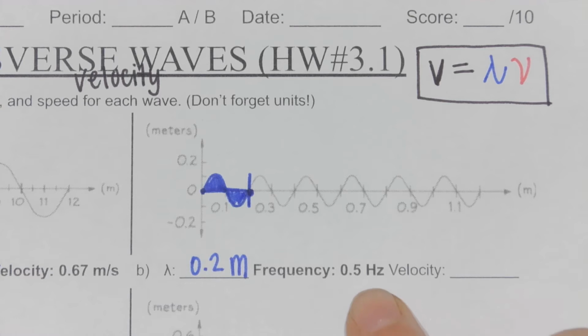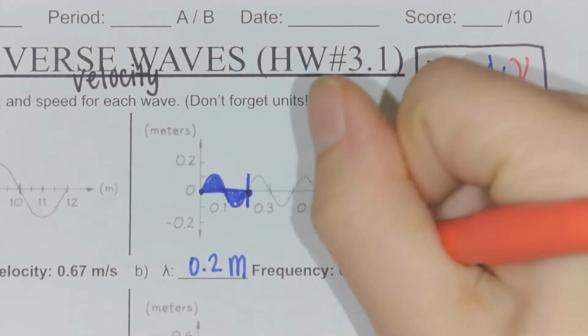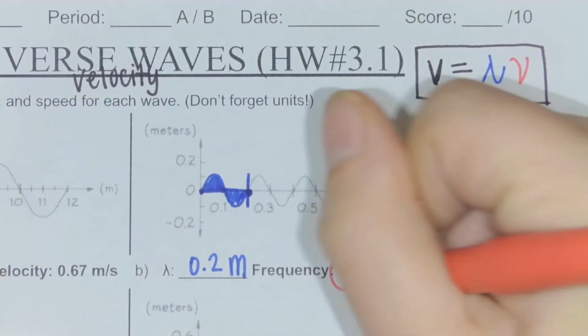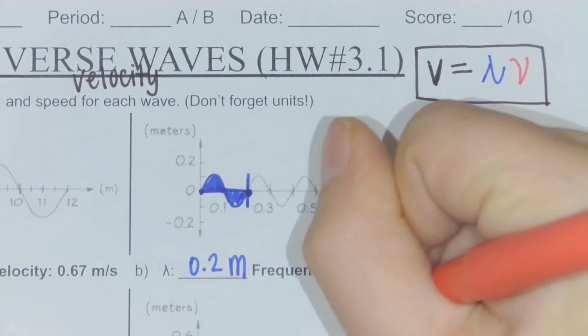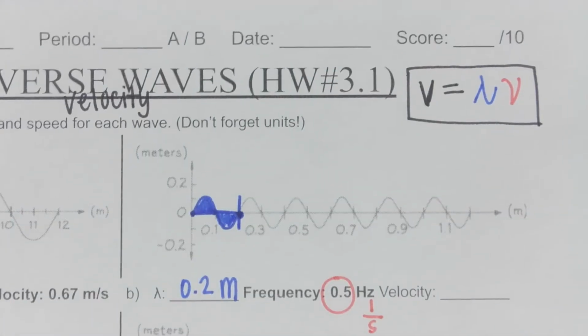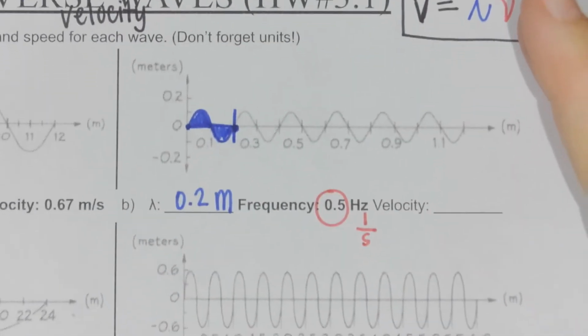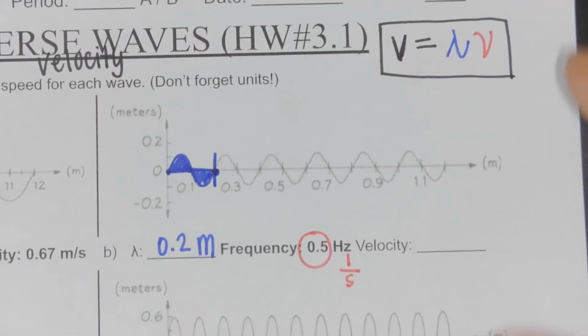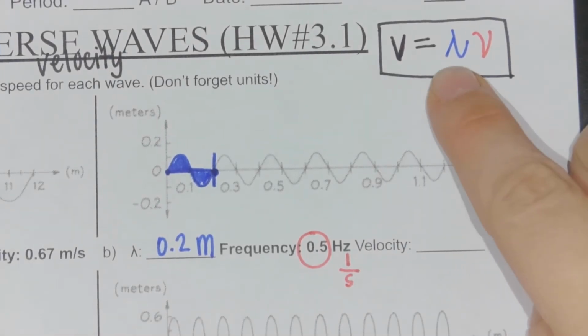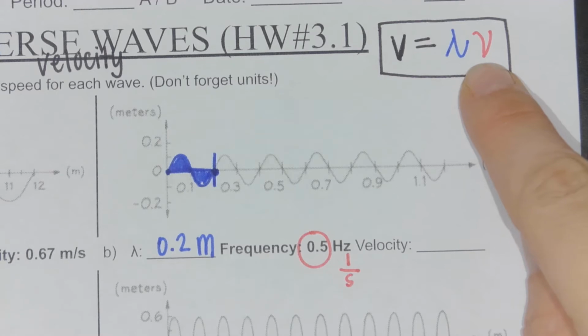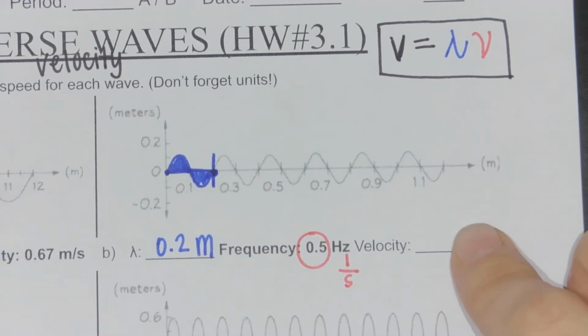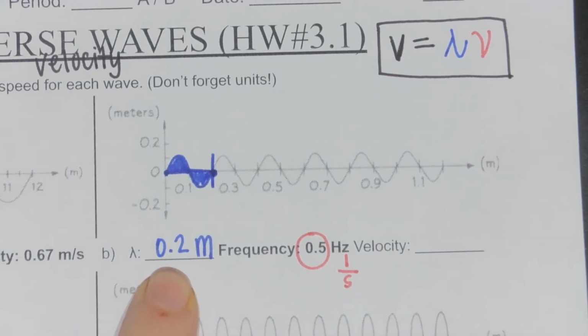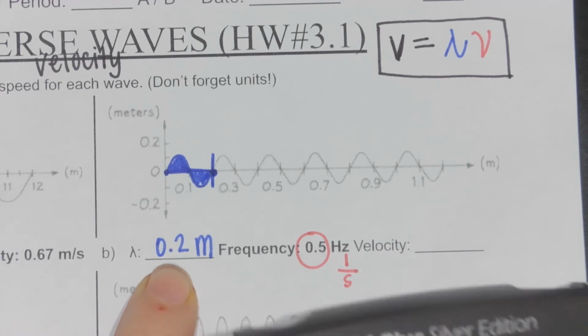If the frequency is 0.5, hertz is the same thing as 1 over seconds, but we'll leave it. Then the velocity is going to be wavelength times frequency equals velocity. Wavelength, get my calculator here.